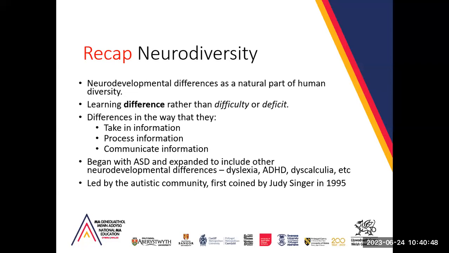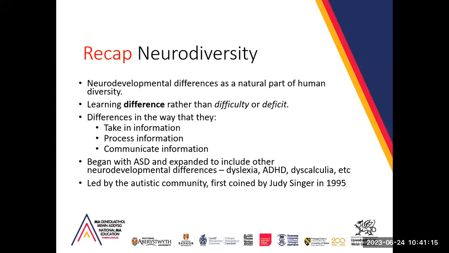Essentially, when we're talking about neurodiversity, we're highlighting that neurodevelopmental differences are a natural part of human nature and human diversity. So while individuals may experience difficulties, they may also have superior abilities and strengths associated with conditions. And rather than being thought of as difficulties or deficits or disorders, they are a learning difference.